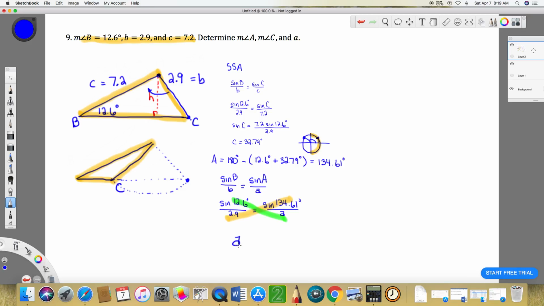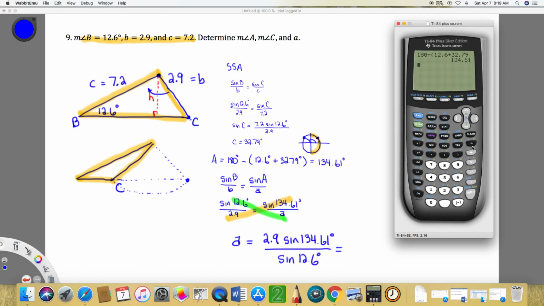So along this gold diagonal, 2.9 times the sine of 134.61. Along the other diagonal, we have 12.6 times A, but we need to get this A by itself, so we'll immediately divide by the sine of 12.6, and what do we get?